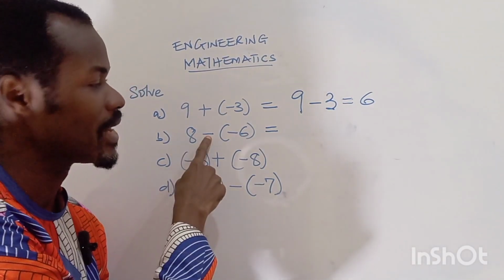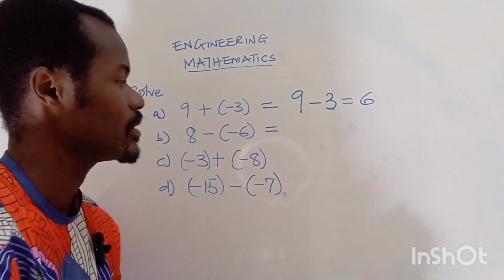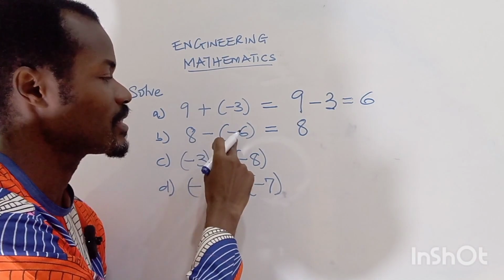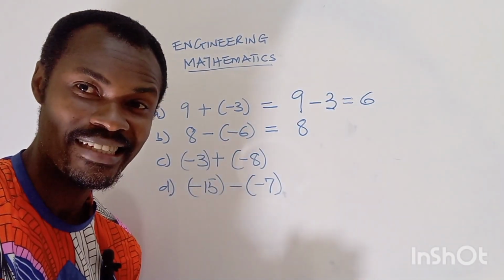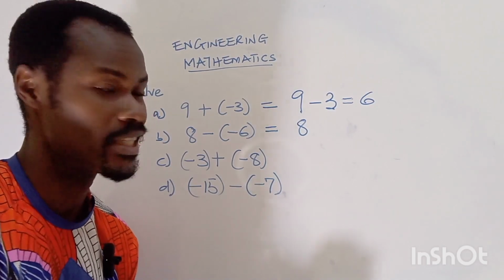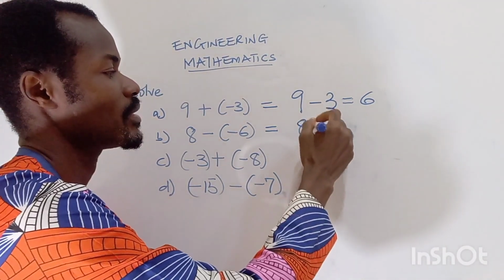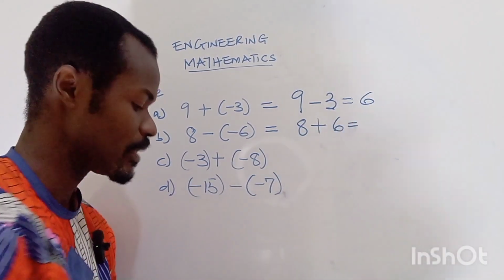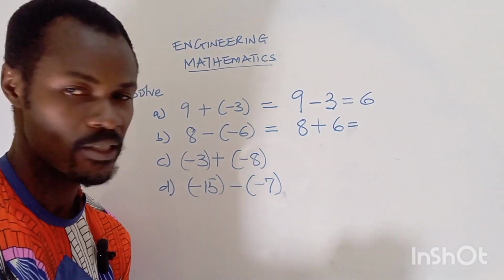What about the second question? We have 8 minus and minus 6 in brackets. So all we need to do is bring down the 8. Now minus times minus, since the two signs are the same based on our rules in our previous video, becomes plus. So we have 8 plus 6. And 8 plus 6 will simply give us what?